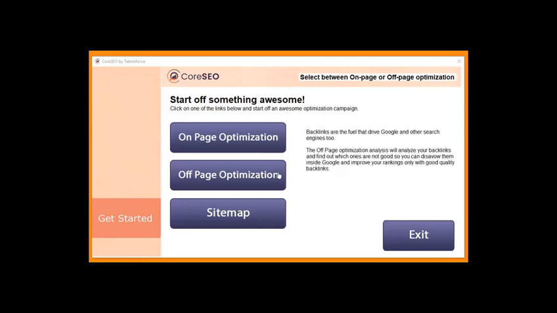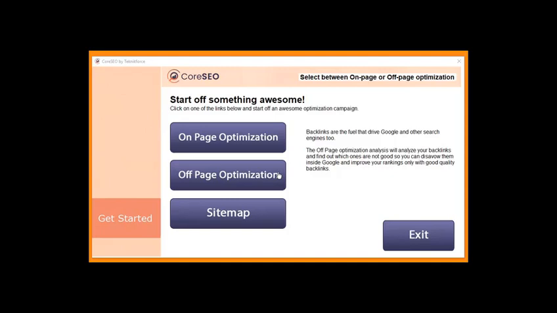The second thing is off-page optimization, and this is something totally unique. No other software actually does this sort of thing. What it will do is it will go out to the web, look at all your backlinks, look at the domains that are backlinking to you, and tell you exactly which ones are good and which ones are bad. Now this is something you need to do in a very imperative manner. You need to just do it. It's very important because all the bad backlinks that are pointing to you, they are not helping you.